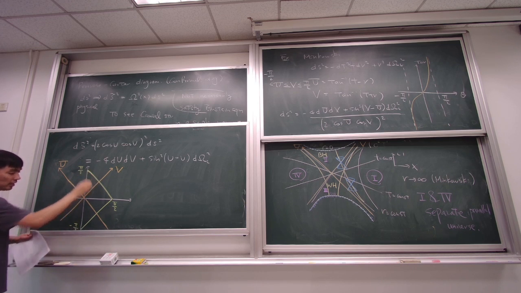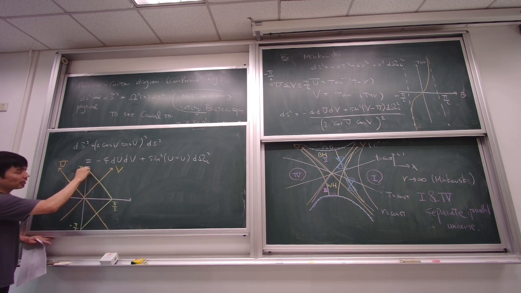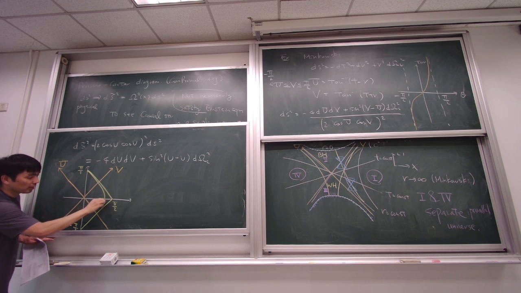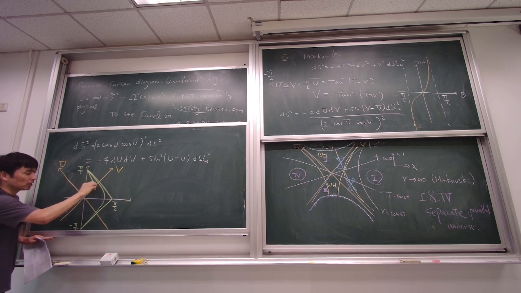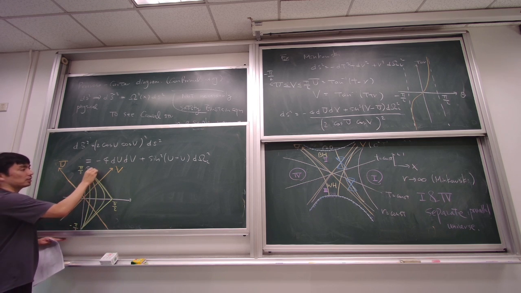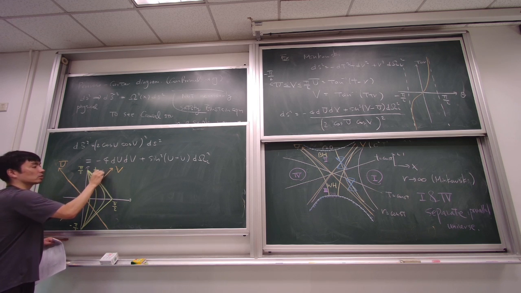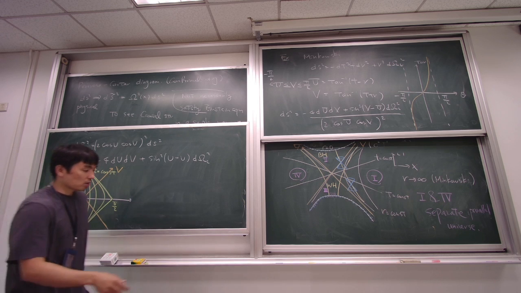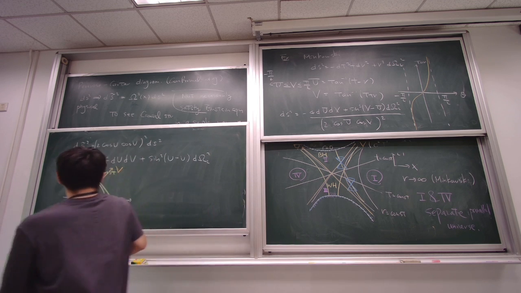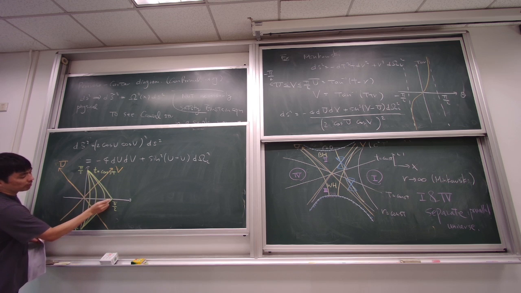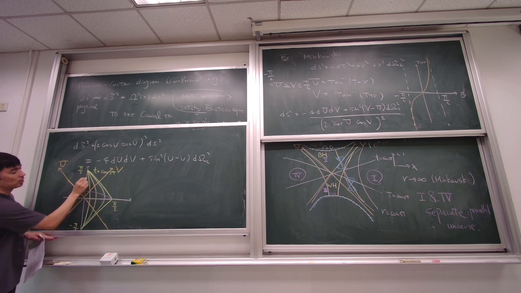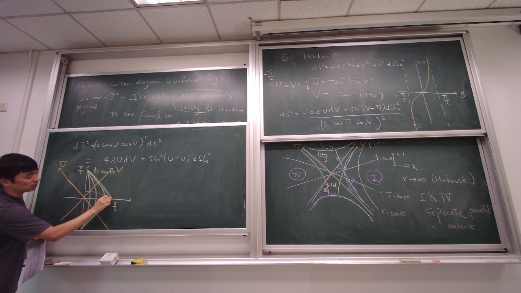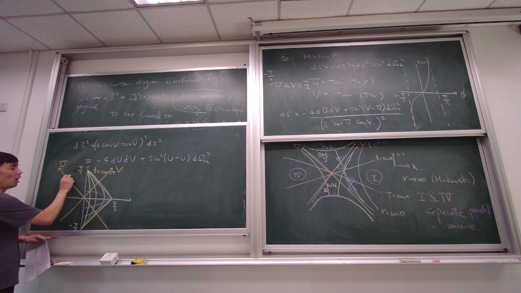And the space-time is like this, and t equal to constant is something like this. These are small t equal to constant. And r equal to constant is something like this, as you can easily guess. So these are r equal to constant.